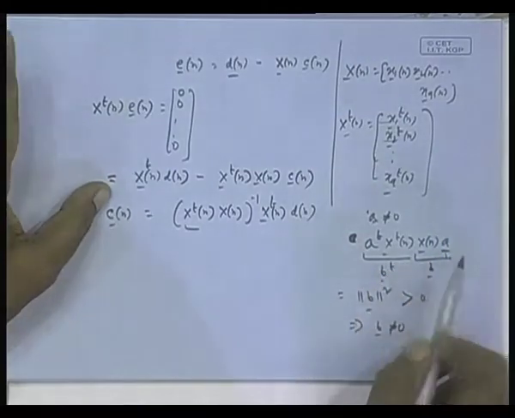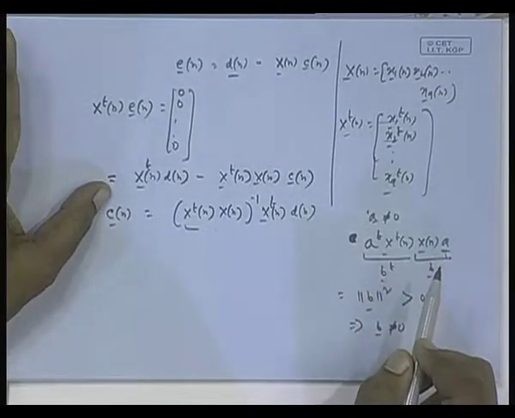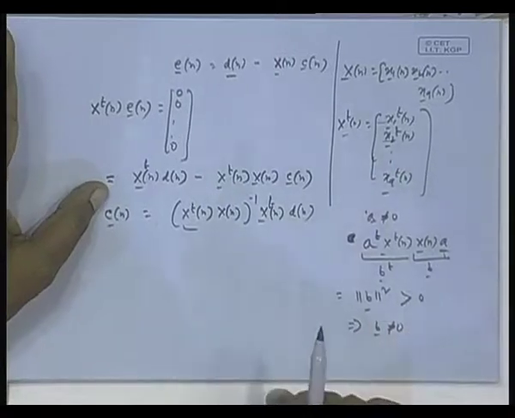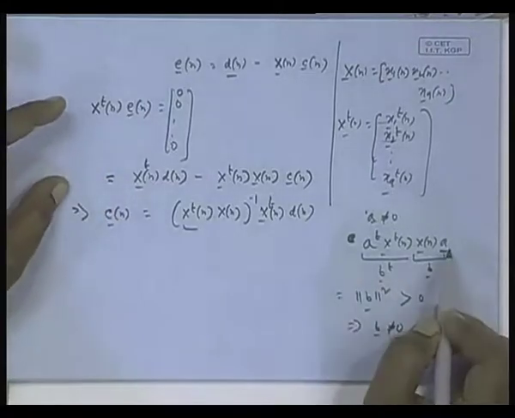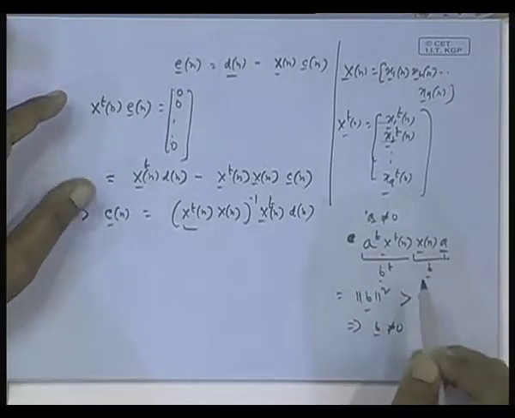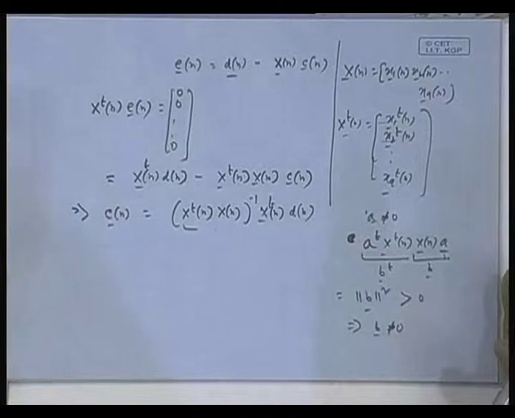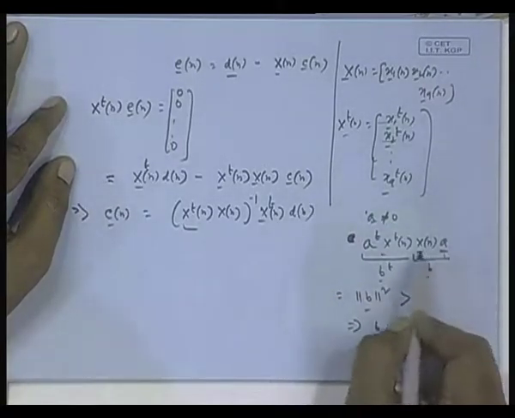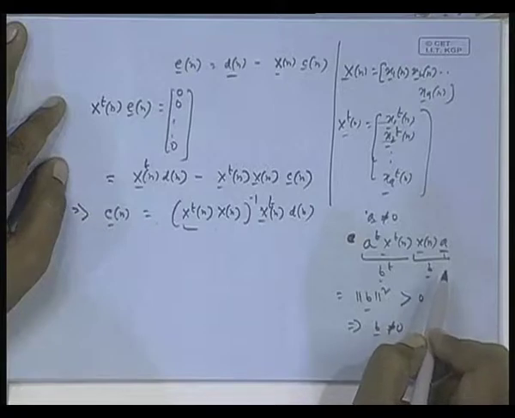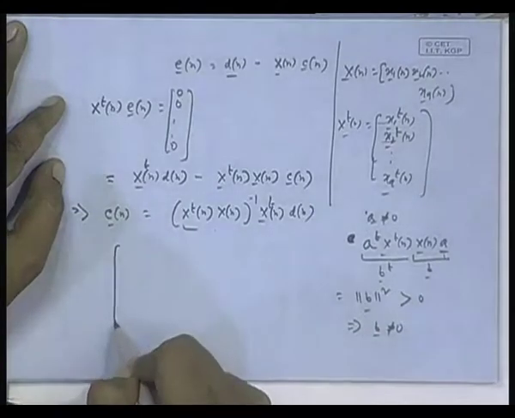Suppose it is not, that also we can see. Anyway, X_n into A, what should be X_n? So that for any non-zero A, you cannot find a non-zero A vector so that X_n A is a 0 vector. What is X_n?